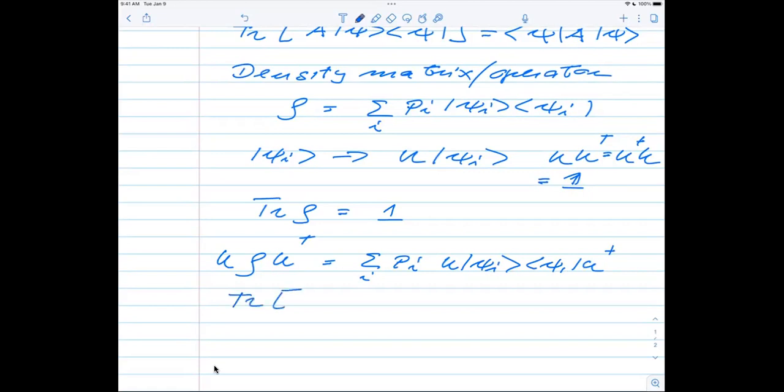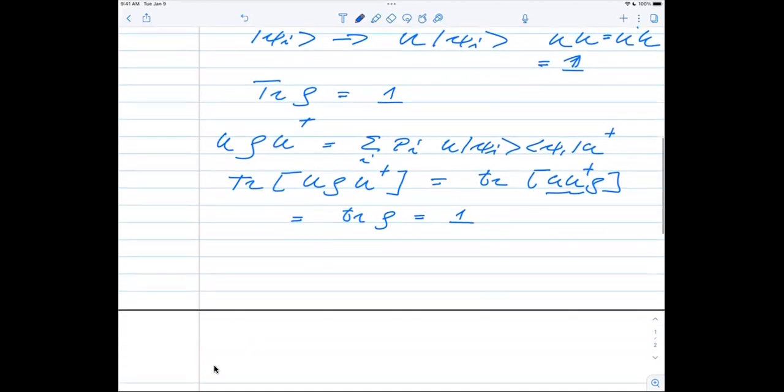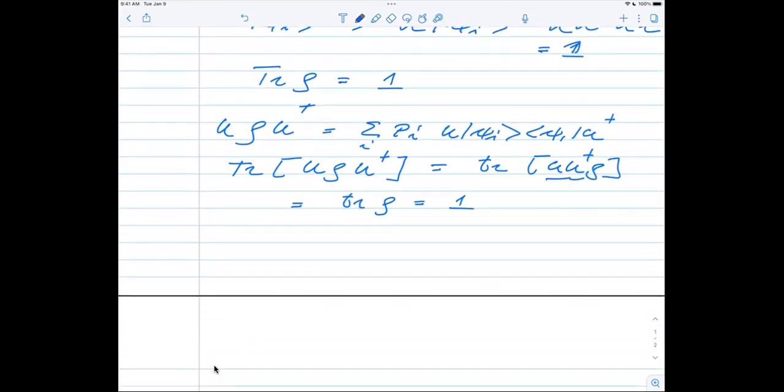Since these are three matrices, we have the matrix U, the matrix rho, and the adjoint matrix. So that is something I can rewrite as the trace of U dagger U times rho. We know that U dagger U is the identity matrix, and the identity multiplied with another matrix is just the matrix itself. So this is the same as the trace of rho, which is equal to 1. And this means that the trace itself under unitary transformation is a conserved property.